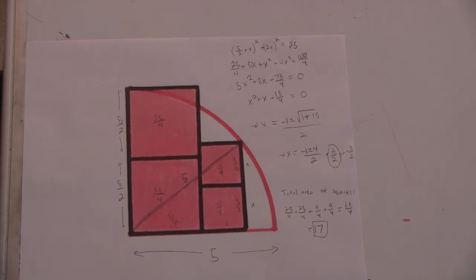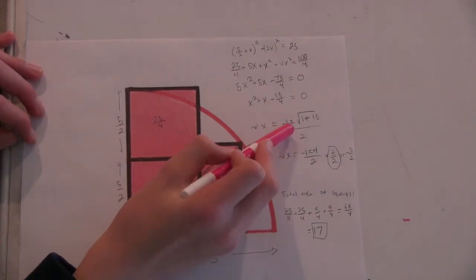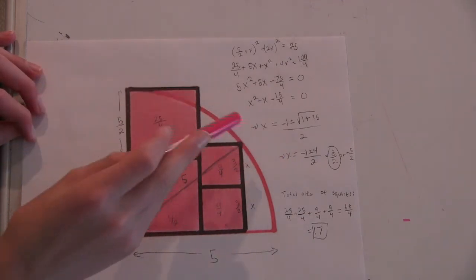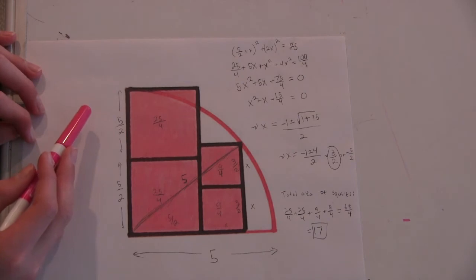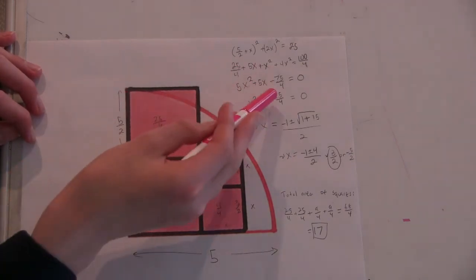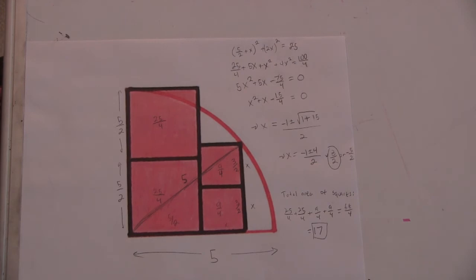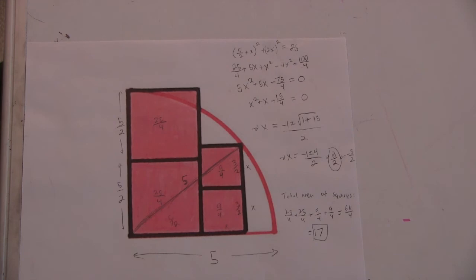And then using the quadratic formula, we get x equals minus 1 plus or minus the square root of 1 squared, that comes from b, minus 4 times 15/4 times 1, that equals a plus 15, all over 2. And so the square root of 1 plus 15 simplifies to the square root of 16, which is 4.